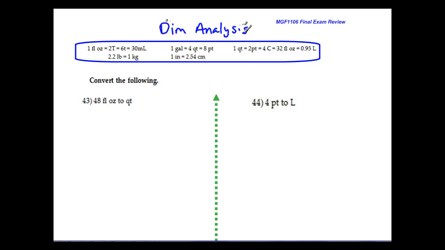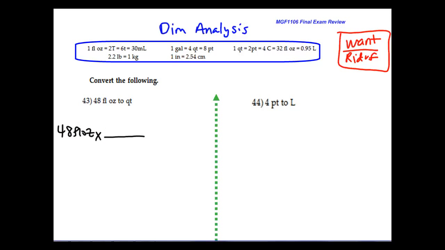If we're using dimensional analysis, remember our ratio that we're going to use to multiply, our conversion factor. What we want, we put in the numerator. What we want to get rid of, we put in the denominator. So we have 48 fluid ounces on number 43. What we want, looking up here for my conversion factors, 32 fluid ounces to 1 quart.